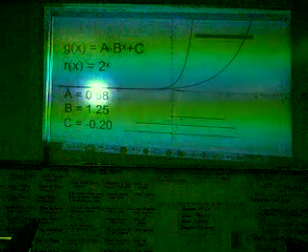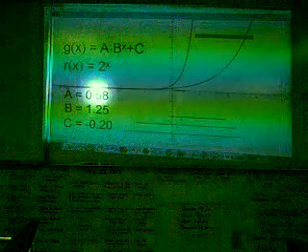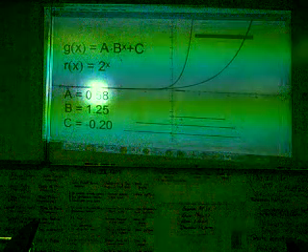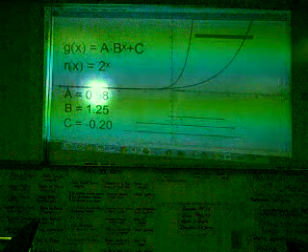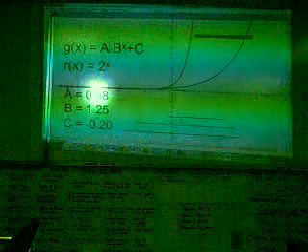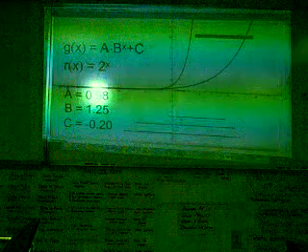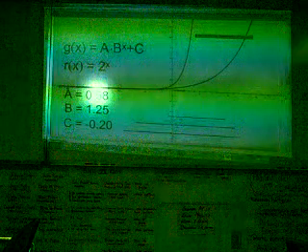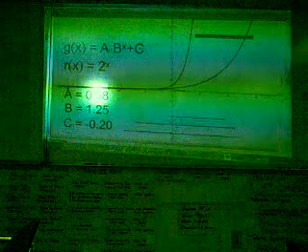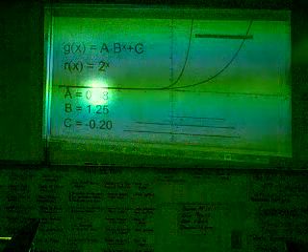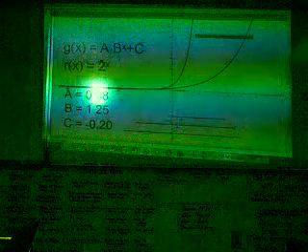When I'm graphing these on my own, I first look at the base to see if it's increasing or decreasing. Order of operations tells me to now look at the a. That'll tell me to do a vertical stretch or a reflection of some sort. Lastly, I look at the value of c, which is just going to be a vertical shift. That does it for graphing exponentials of the form a times b to the x plus c.